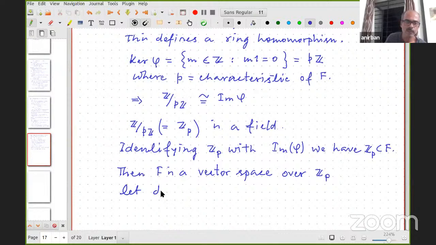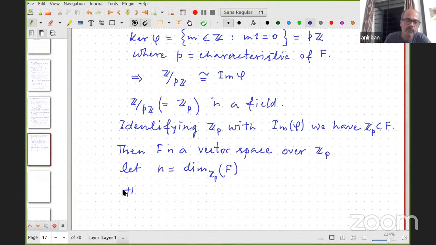So we have a well-defined quantity, the dimension, say n. Suppose n is the dimension of F over Z_p. Then the cardinality of F is going to be p to the n.